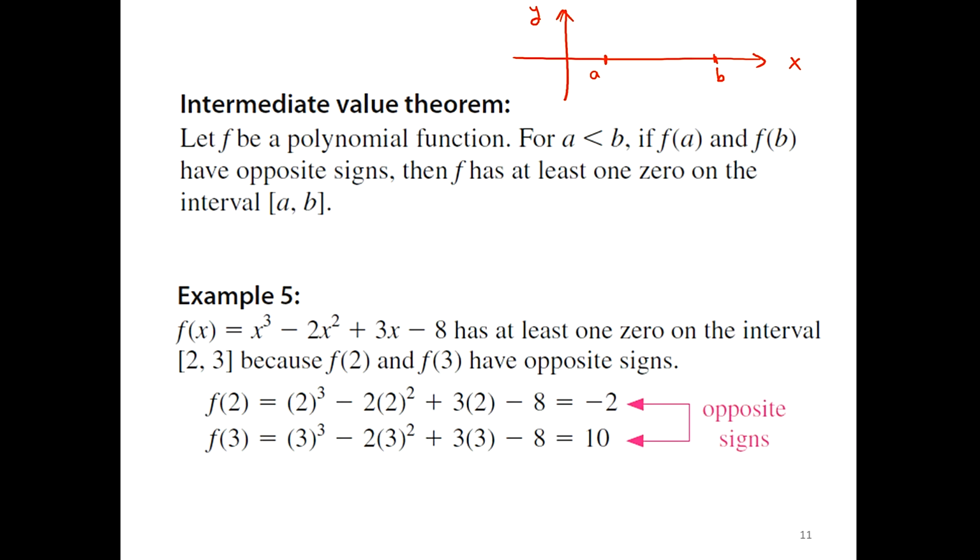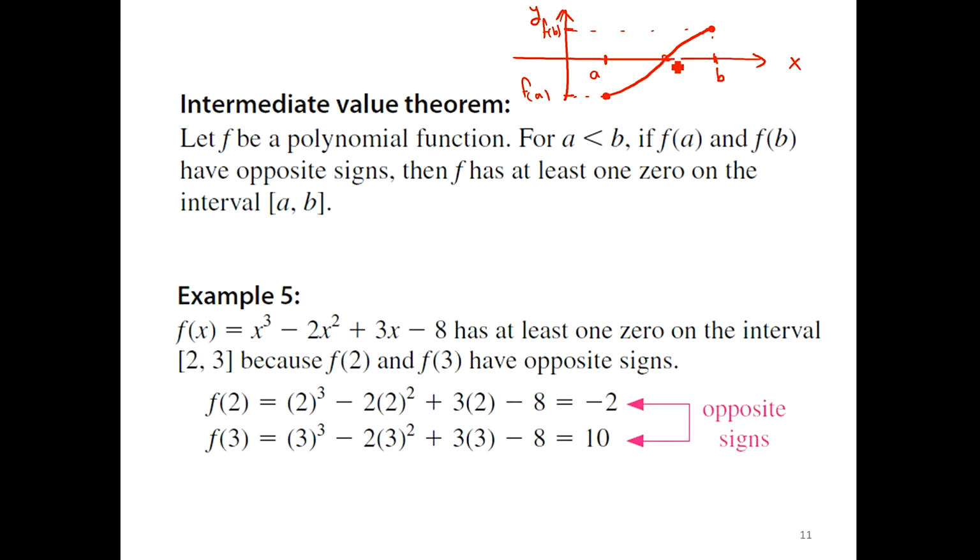So, for example, if at a, f of a is negative, and at b, f of b is positive, then after drawing, we have an intersection point between the graph and the x-axis.